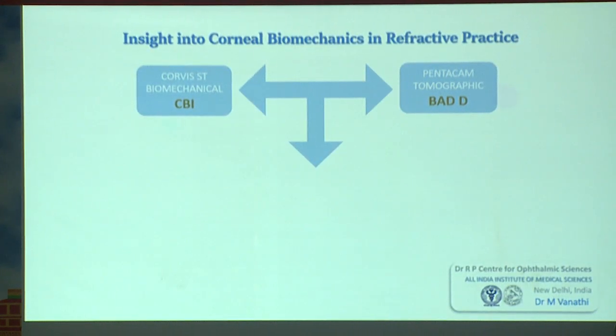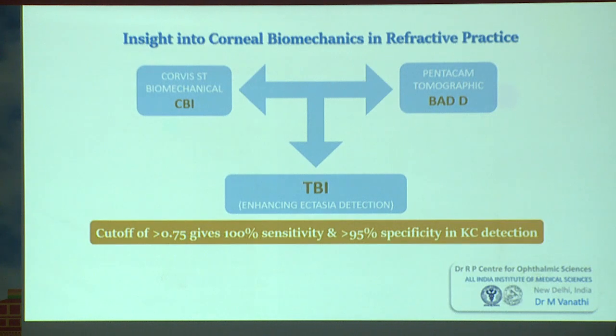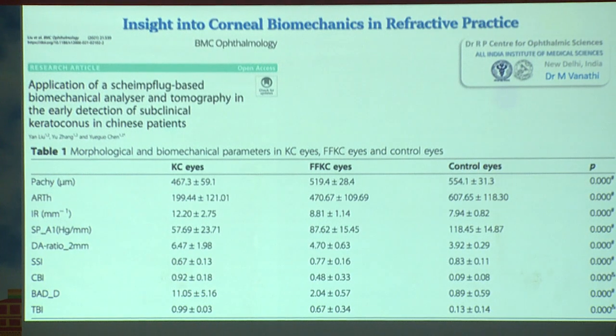So that's how I do adopt these, not on a hard and fast rule, but on a custom basis, on a case-to-case basis, to see how these indices apply to the particular cornea which we are taking up here.